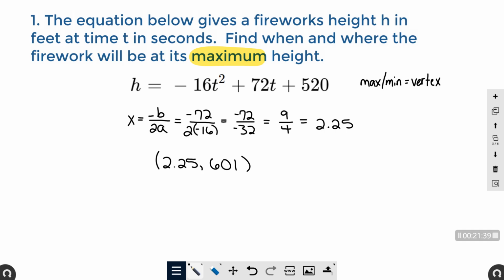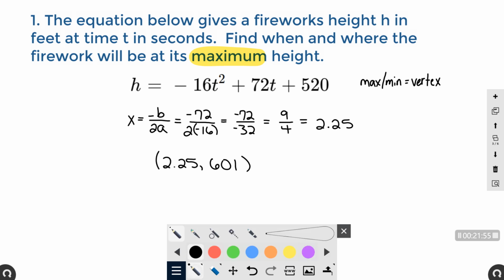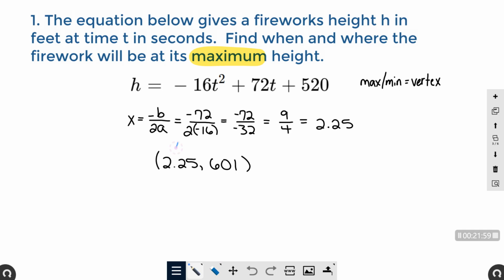So this one asked us to find that maximum, so we found the vertex. Then let's describe what that vertex means, and we'll also answer the question. So our first number here is our x value, but in our equation, it's not called x, it's called t.